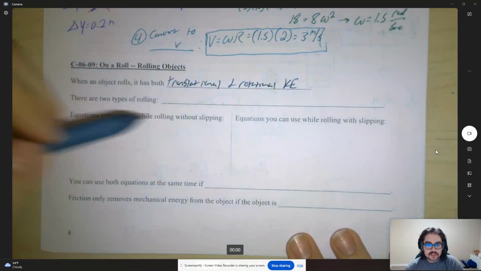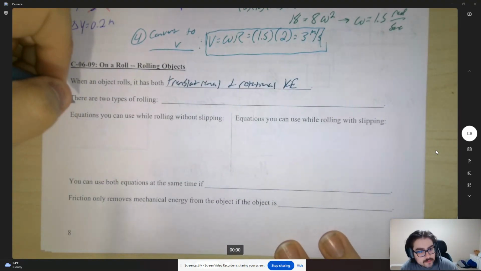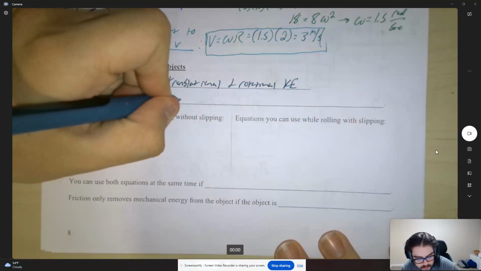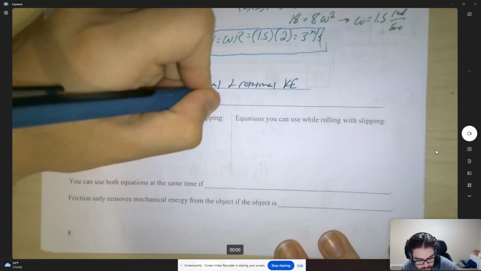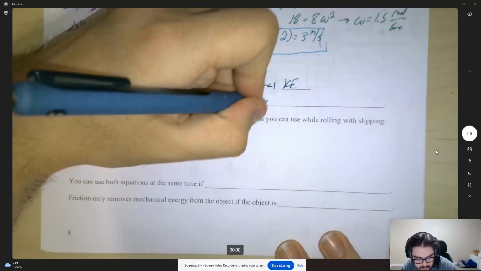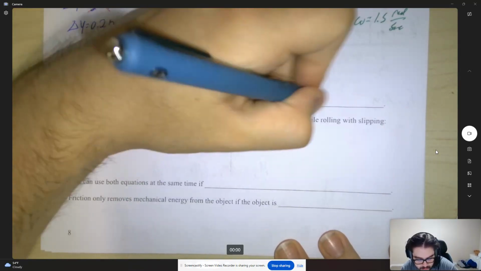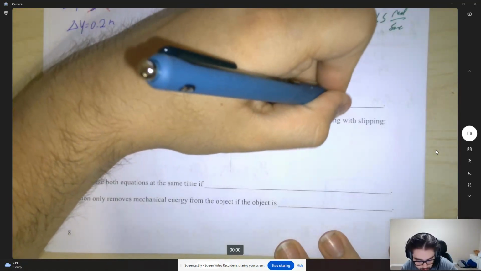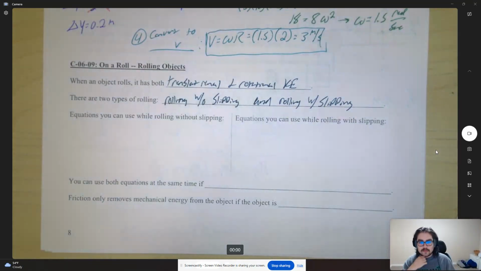There's two types of rolling: rolling without slipping and rolling with slipping. So you either roll without slipping or you roll with slipping.